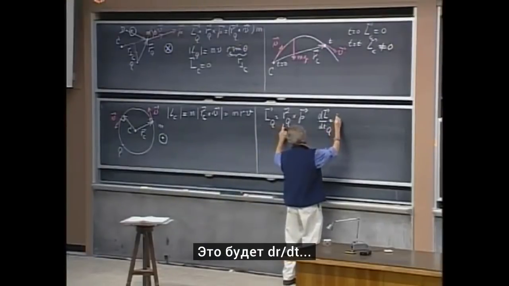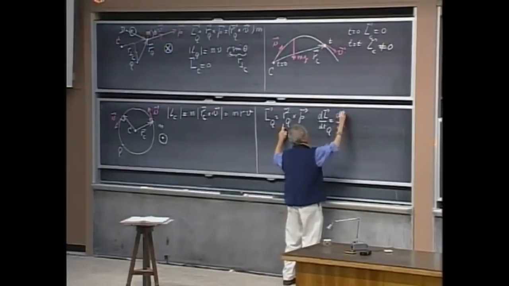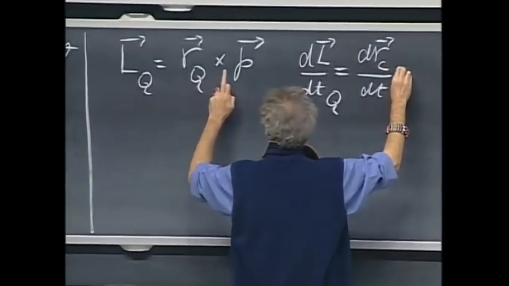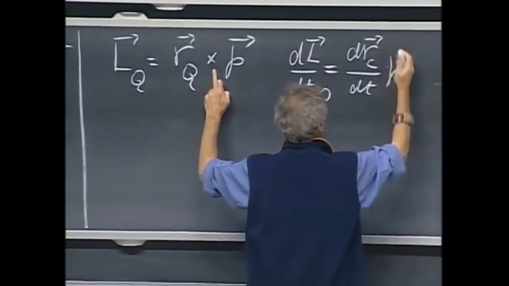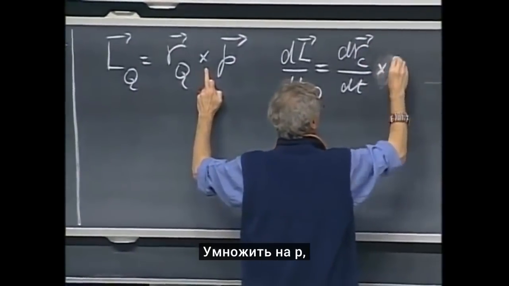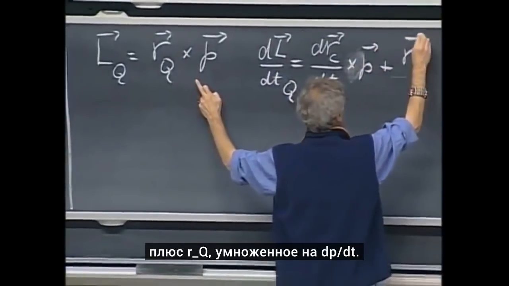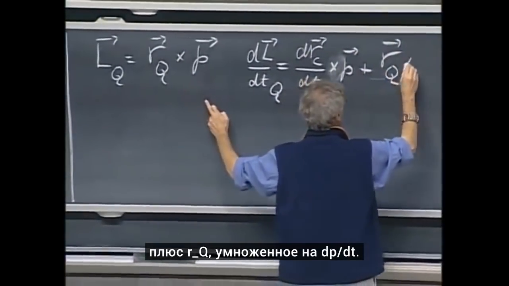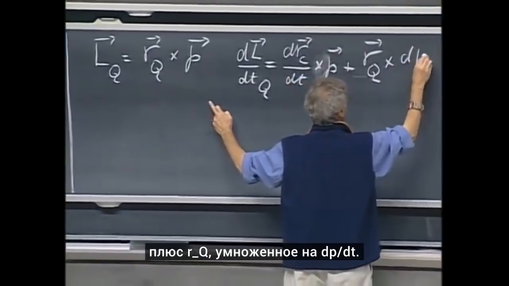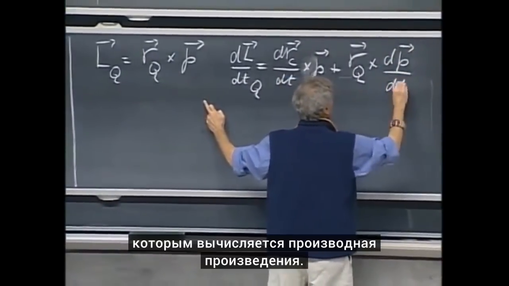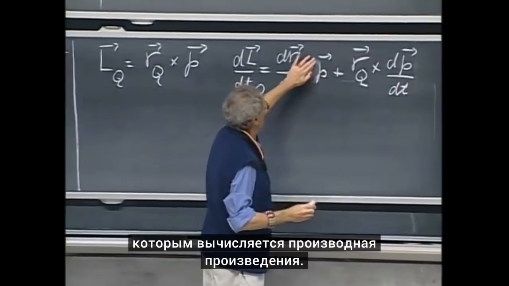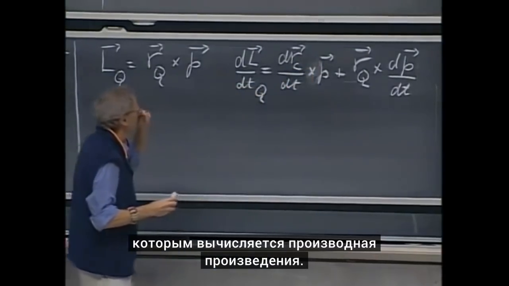That is going to be dr/dt cross p, plus r of Q cross dp/dt. This is the way that you take the time derivative of a cross product.